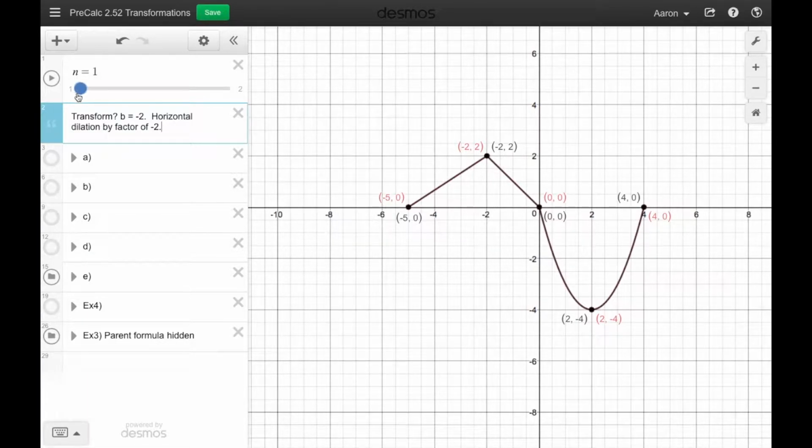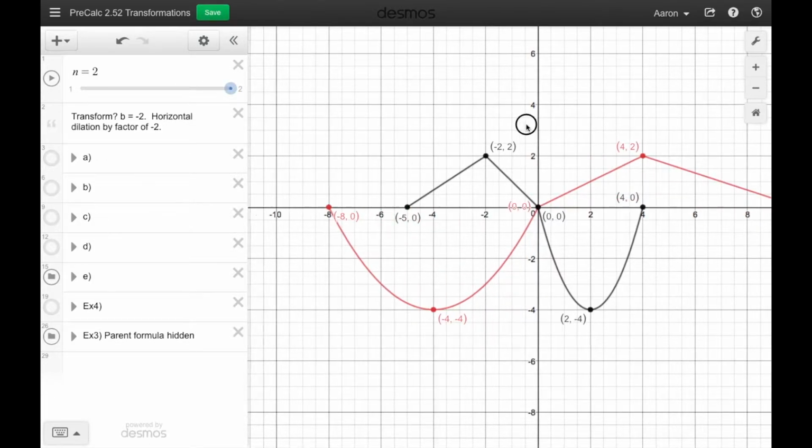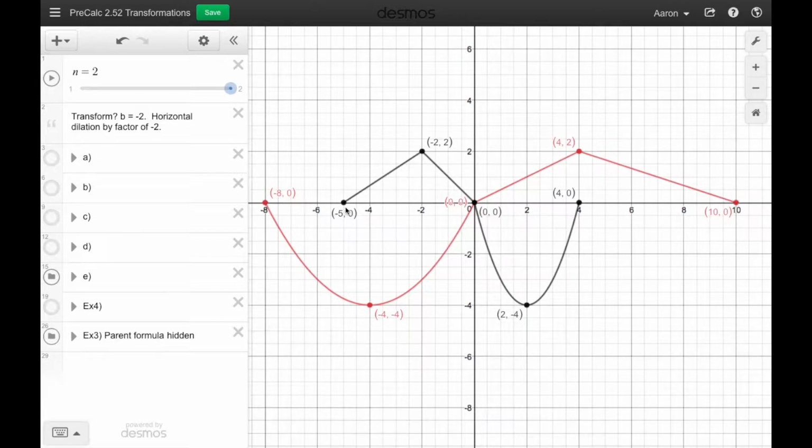The whole thing is going to get flipped. So check this out. When you multiply all the x values by negative 2, you get this. Negative 5 went all the way over here to positive 10. Positive 4 went all the way back here to negative 8. The entire thing gets flipped because of the negative, and widened because of b equals 2. Copy it down, and we'll move on.